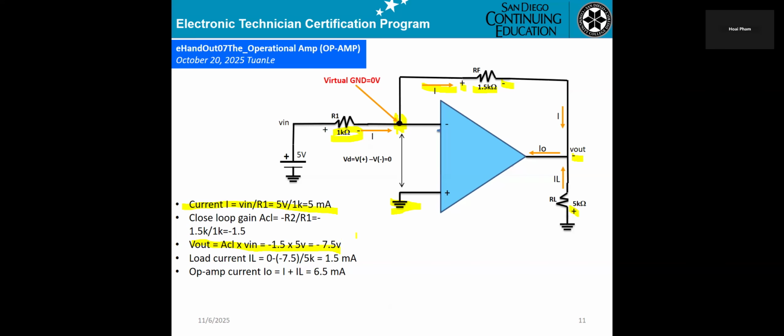Voltage gain equals minus RF over R1. So that's why you can get minus 1.5 times 5 volts. And at the output you get a negative 7.5 volts. And now you want to calculate the load current.